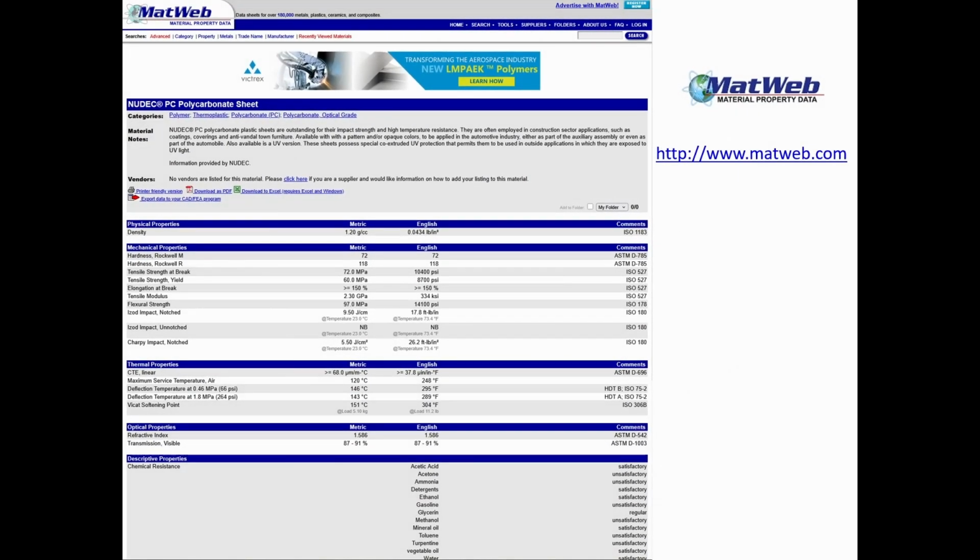In your report, you must include references for all data that you present. For instance, if you state that a material has low density, you need to provide the actual density value along with a valid source. MatWeb is an excellent resource for finding material properties and is considered a reliable reference.